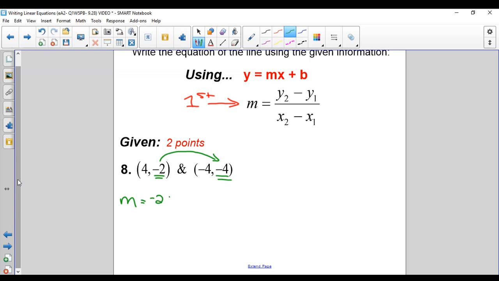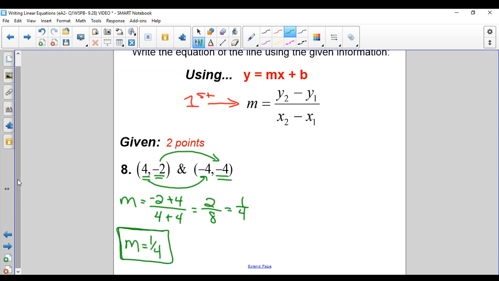So it's -2 plus 4. That locks me into 4 plus 4 on the bottom. So I get 2 over 8, reduce fractions, especially with slope. My slope is 1/4. So I have that.